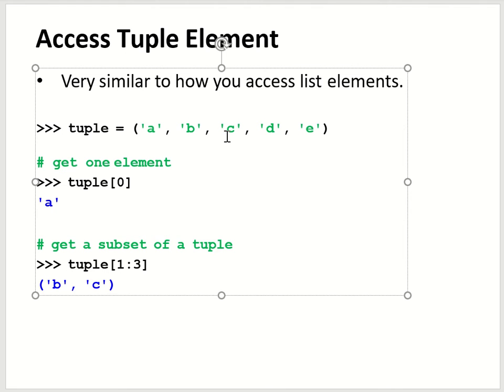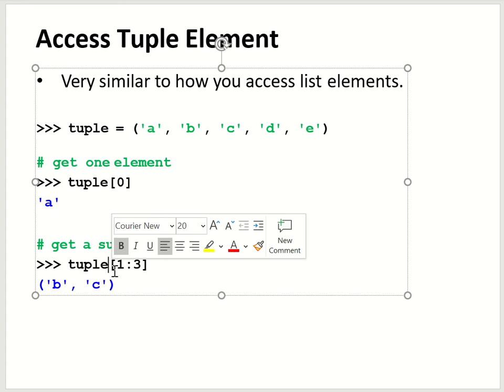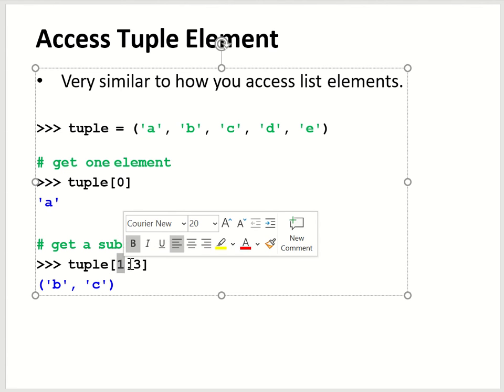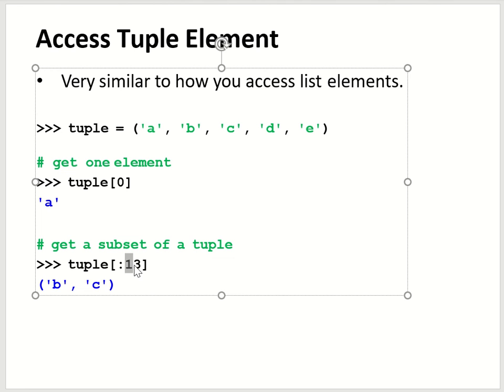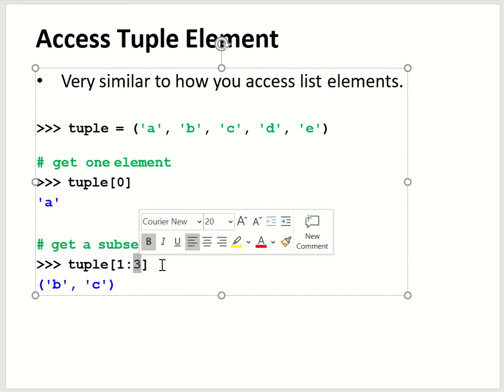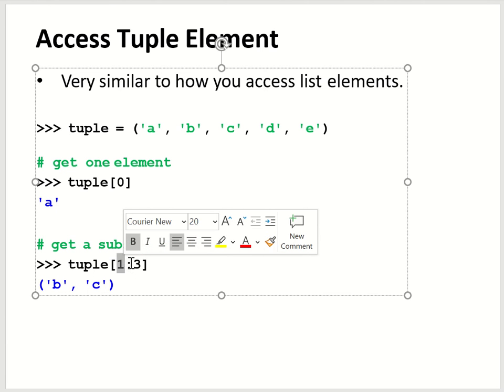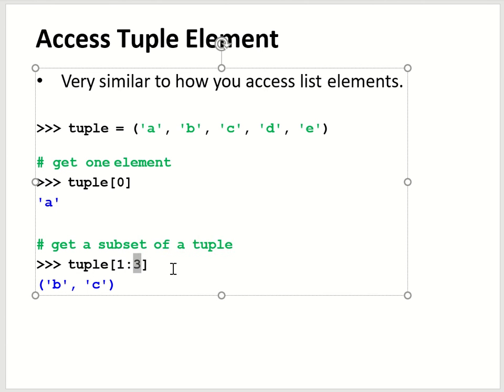So if your tuple had 5 items, each just a single letter from the alphabet, if you look up the one that's in the 0th index position, it's going to be lowercase a. And you can slice it in the same way too, where within those square brackets, you have a start location, a colon, and then a stop. And that stop is the index location, but not inclusive. So it's starting at 1, going to 2, and not quite going to 3. So you get the letters B and C.